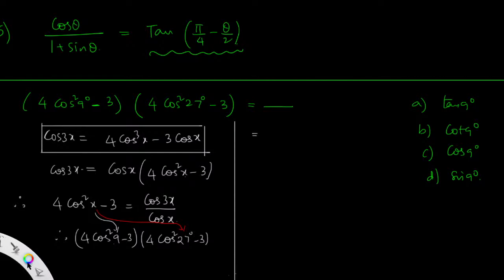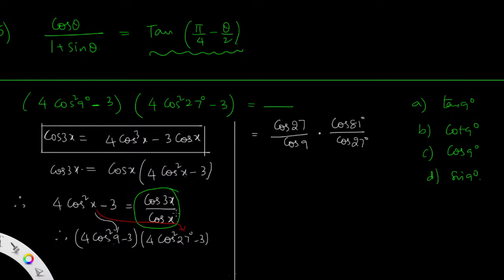Now substitute in this form, cos 3x by cos x, and you get the answer directly. That is cos of 3 into 9, cos 27 by cos 9, into 27 into 3, cos 81 divided by cos 27.